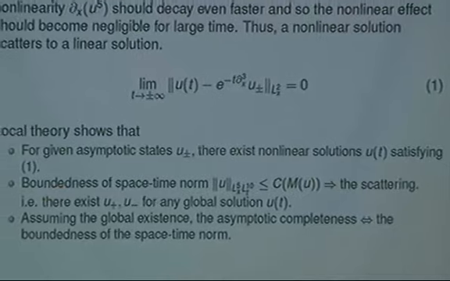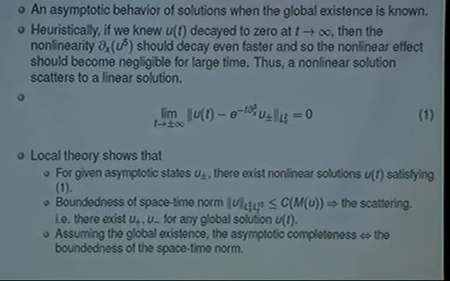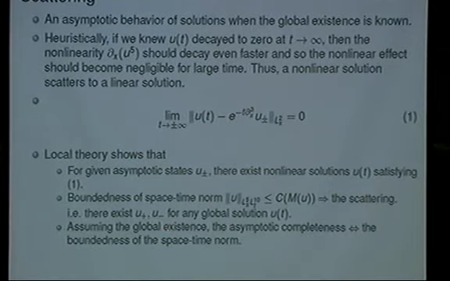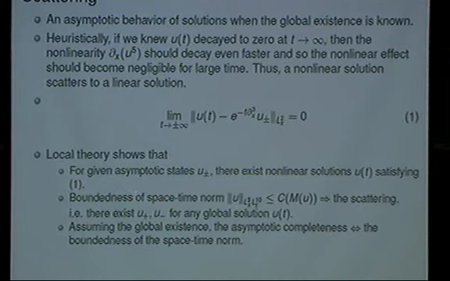And then by using the local theory, we can change such a qualitative property of the scattering into a quantitative statement. By using the local theory, for a given asymptotic state, under the assumption that we have a global existence, we can find the nonlinear solution converging to the given asymptotic state.